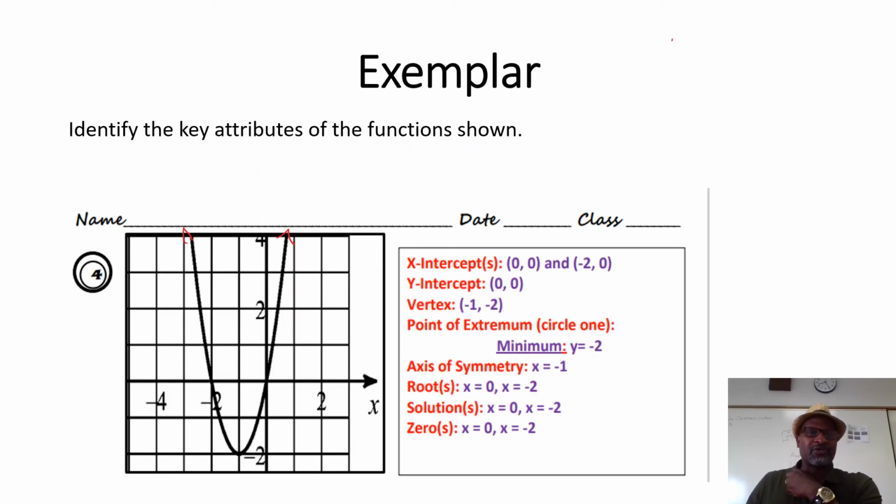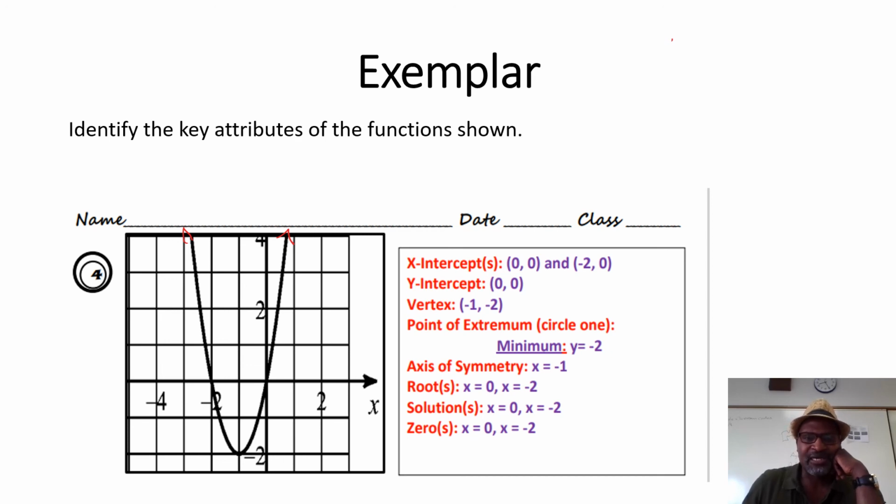All right. So here's an example of being able to fully describe a graph. You can pause this and just look at it and verify that all this is true. The vertex is (-1, -2) right here at the bottom. The x-intercepts: there's one at (0, 0), and there's one at (-2, 0). There's a y-intercept at (0, 0).